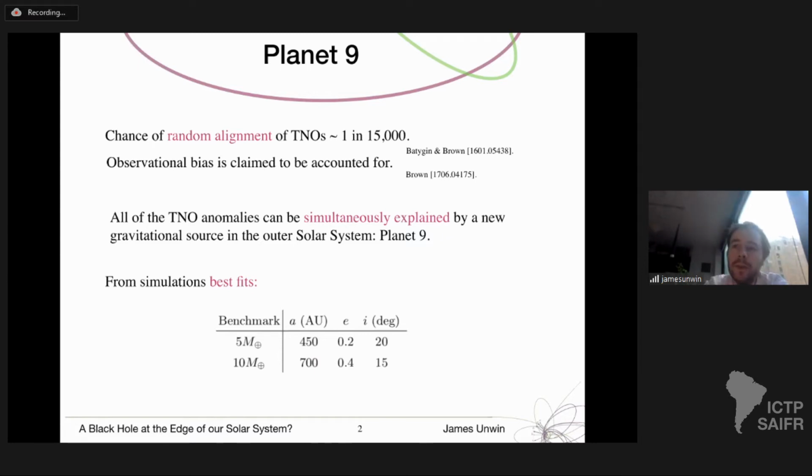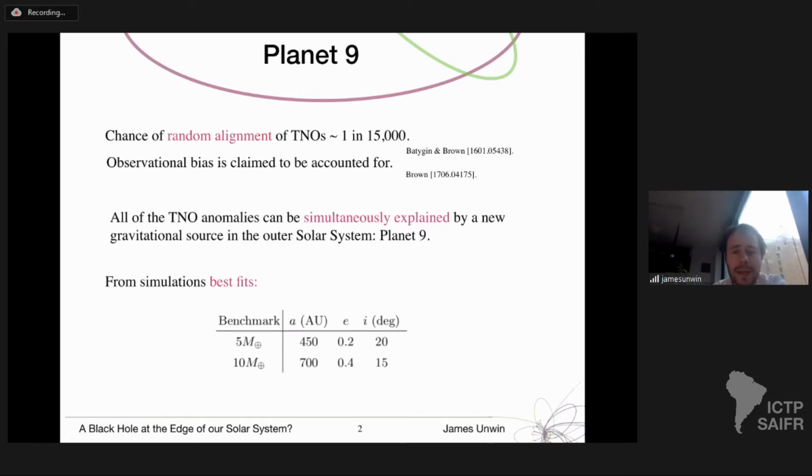For the clustering of these objects in one part of the sky, the chance of this being a random alignment was estimated at 1 part in 15,000, which could happen, but is highly rare. On the other hand, if you were to add in just one extra large body at the edge of the solar system, then you could simultaneously explain all of these anomalies in these planetesimals past Neptune.